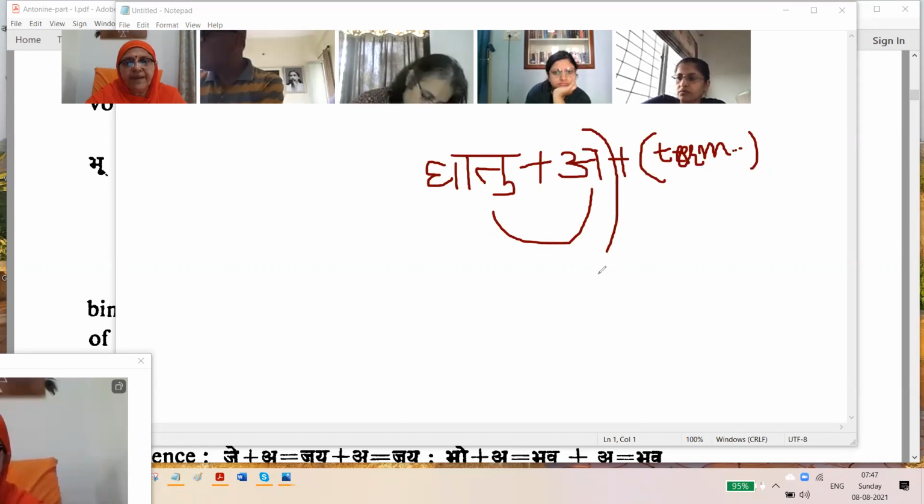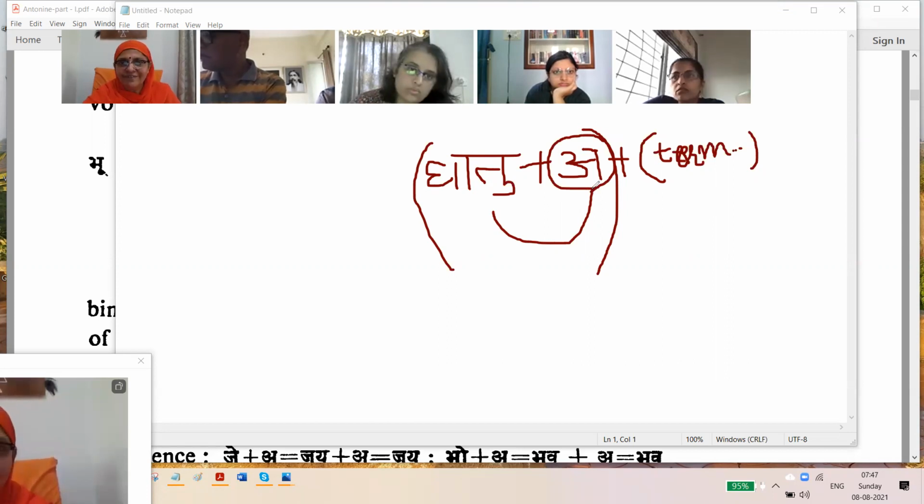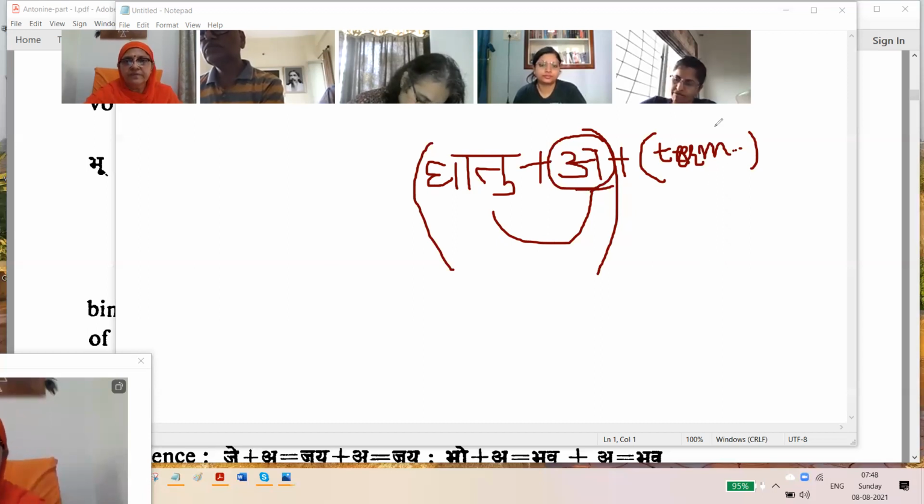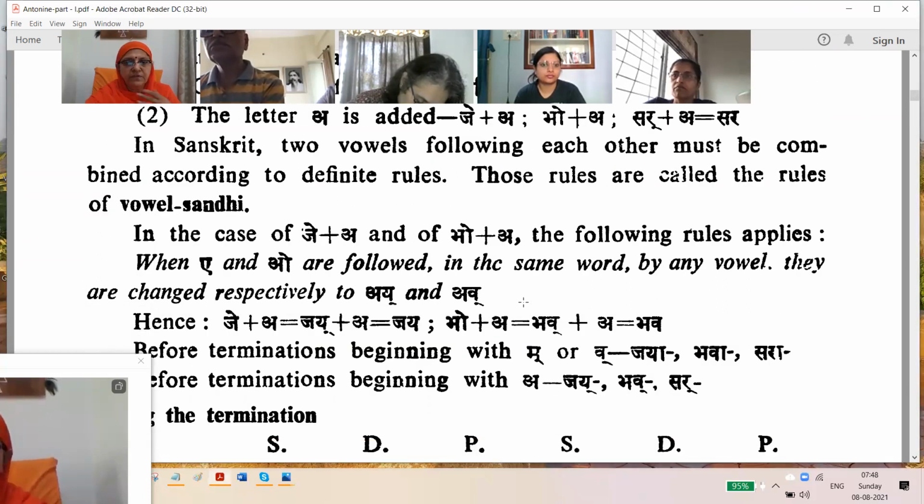This comes first and makes an anga. This anga joins with the termination. And you have to remember the rule of akara and what it can cause. It can cause guna of a last vowel, and guna of a short medial vowel. In front of makara and vakara, this a becomes long a. In front of anti, a is dropped. All this they have given.